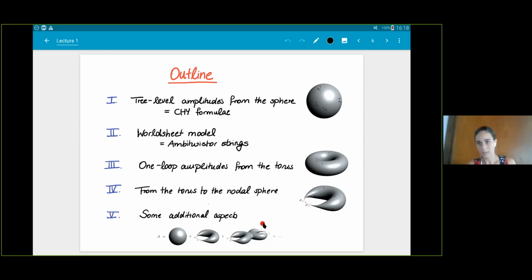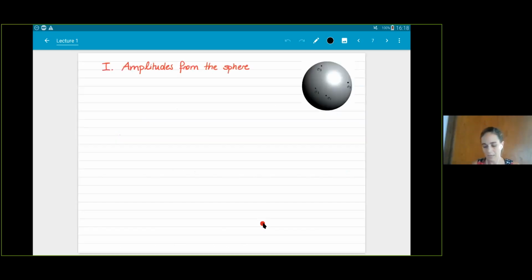Okay, with that said, let me dive straight in. And let's have a look at what amplitudes from the sphere actually look like. Now, given that we found the scattering equations and that we know how they relate singular kinematic configurations to the boundary of the moduli space, clearly we want to build our amplitude structure around that.